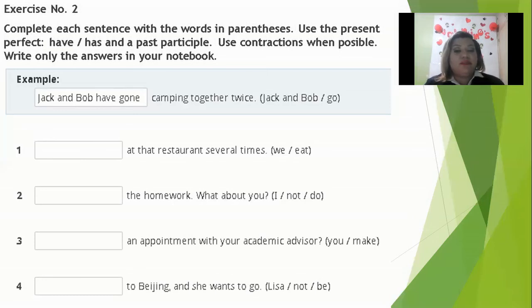Sentence number 4, "to Beijing," and she wants to go. In parentheses, we have Lisa, not be. What are we going to use?